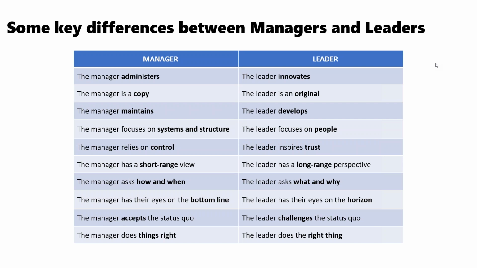For example, the third from the bottom, you need to keep your eye on the bottom line. You need to manage budgets. That's a managerial responsibility. But you also need your eye on the horizon. So you need to have a vision about what's coming next and be able to paint a compelling picture of the future for your team members.